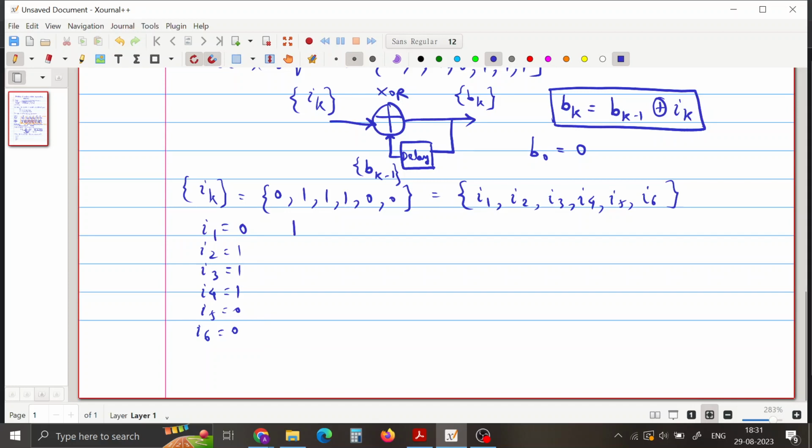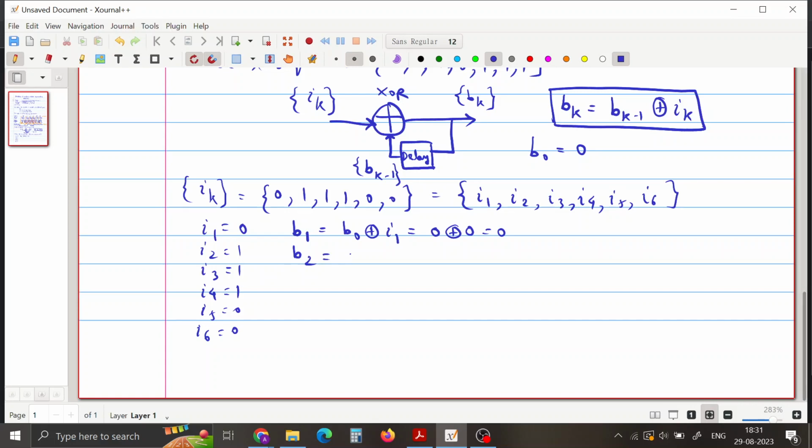Now you calculate the Bs. If you put k equals 1 in this equation, you get B1 equals B0 XOR I1, which is 0 XOR 0, so you get 0.